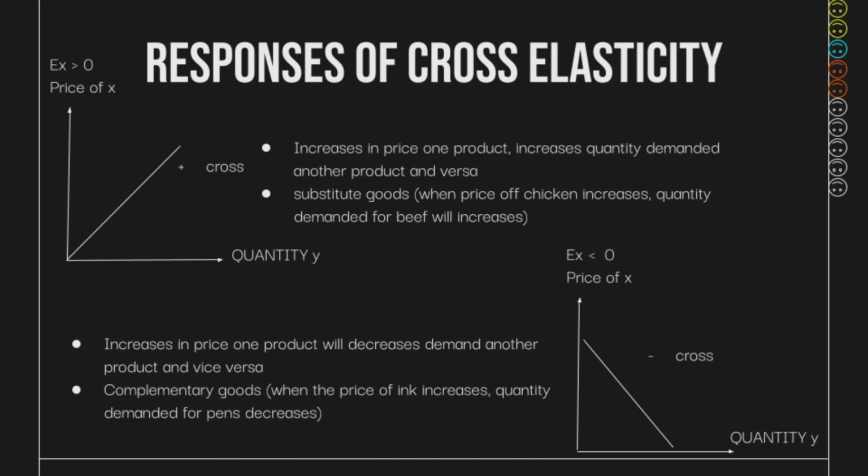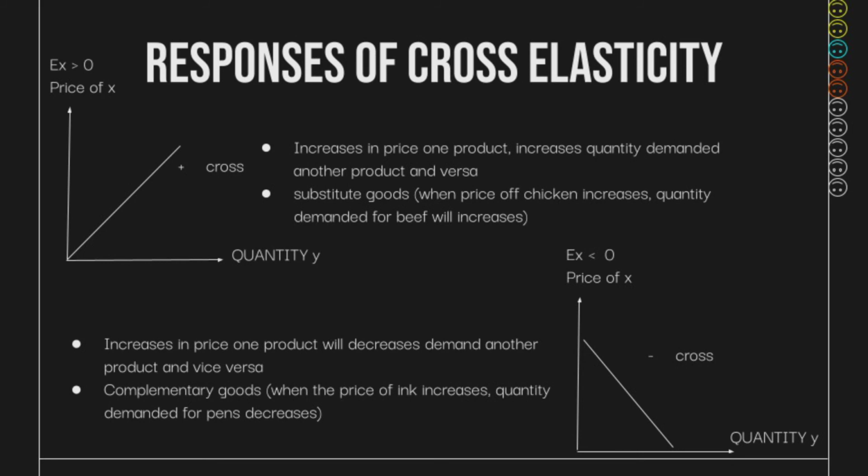This suggests that A and B are complementary goods, such as a printer and printer toner. If the price of the printer goes up, demand for it will drop. As a result of fewer printers being sold, less toner will also be sold.